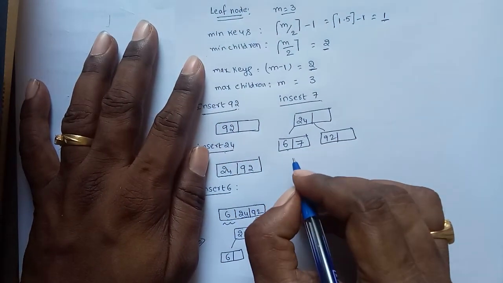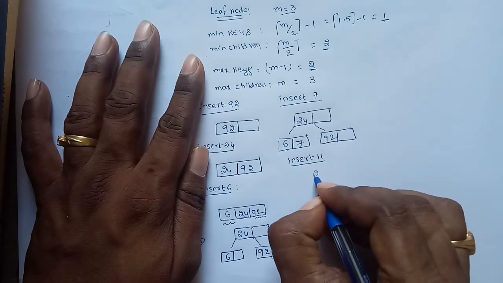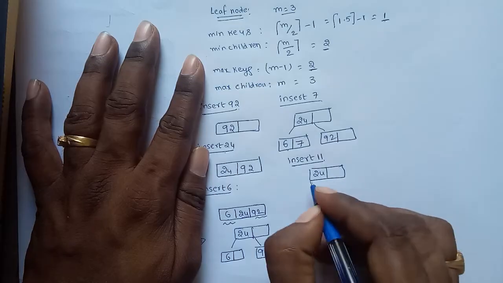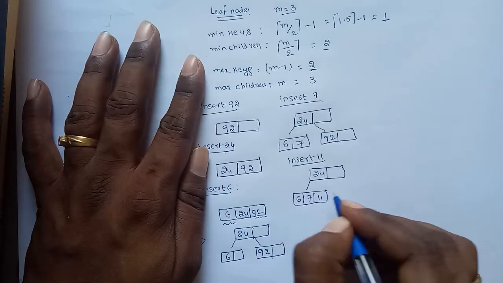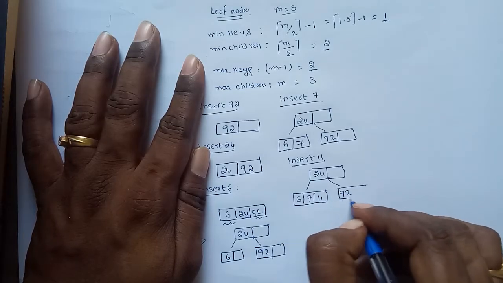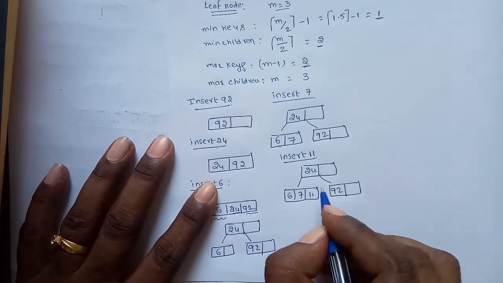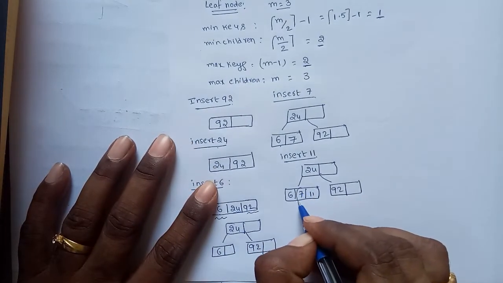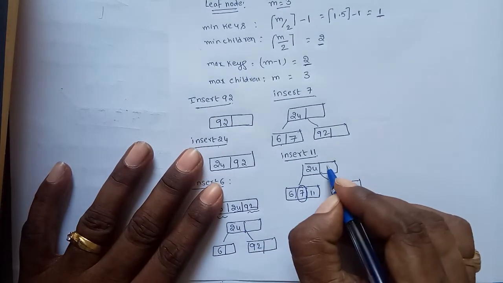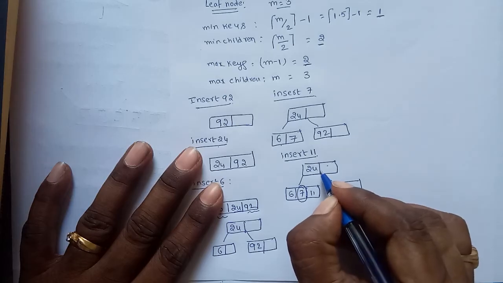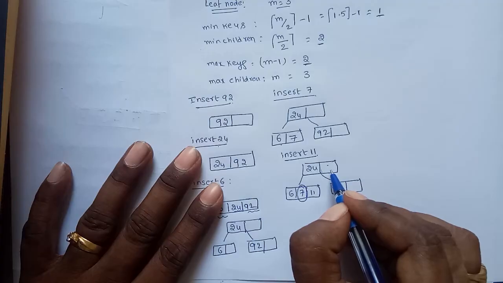Next, insert 11. The position of 11 is after 6, 7. It violates the property. Whenever it violates the property, perform the split operation and move the middle element to the root. Here check, the root contains only one element, so there is room for another element.